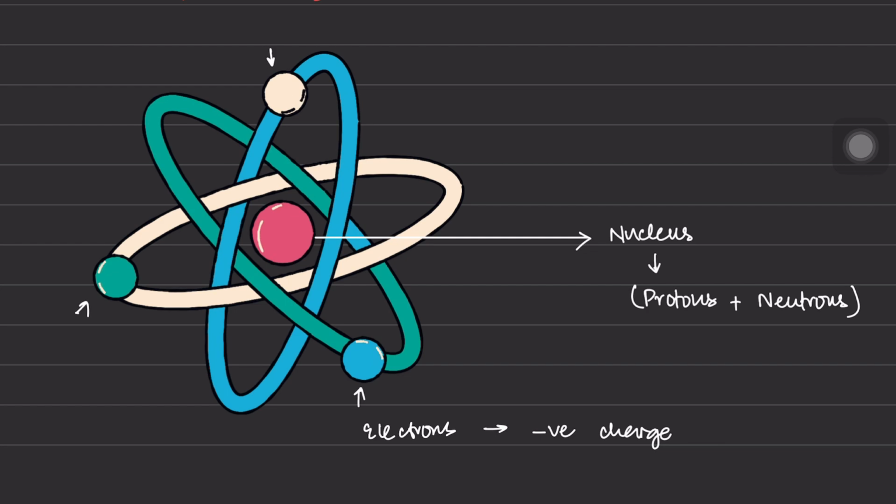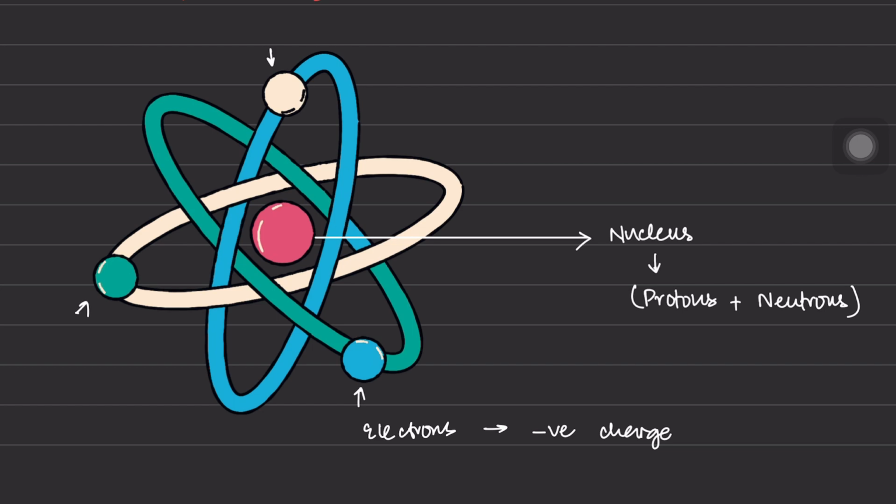The mass of the atom is mainly concentrated here in the center, in the nucleus. We'll talk about why that is the case in a bit. It is surrounded by electrons which are constantly revolving in orbits around the nucleus.